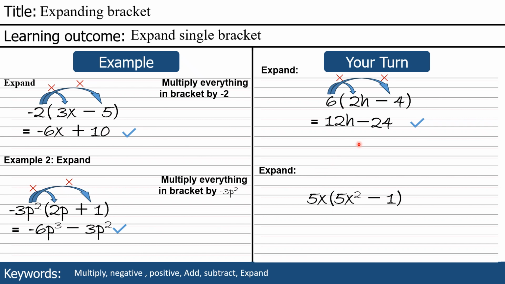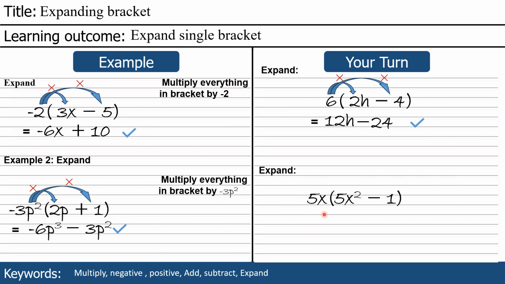Okay, also remember we cannot simplify this expression any further because they're unlike terms. So this is 12h and this is 24. So they're unlike terms. So you leave it as is. So that's correct. Let's move on to this one.